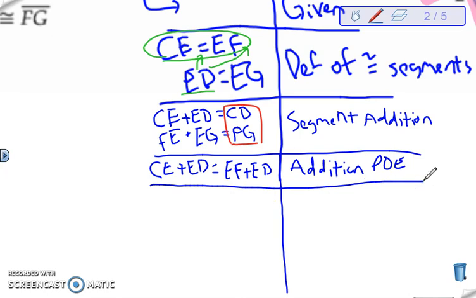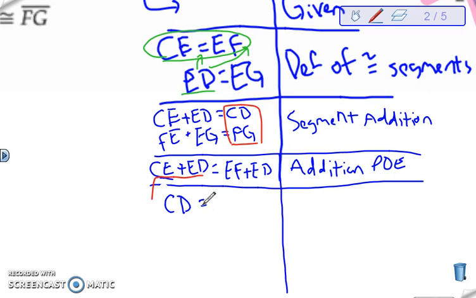I also know that if two things are equal, then they're interchangeable, right? So that means this CE plus ED is equal to CD. And notice I want FG.